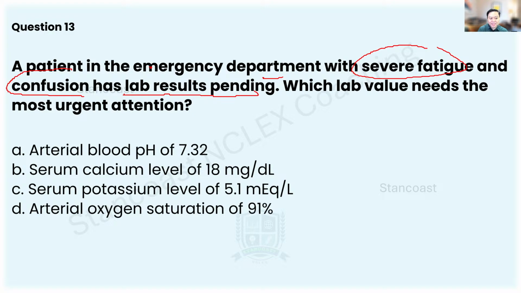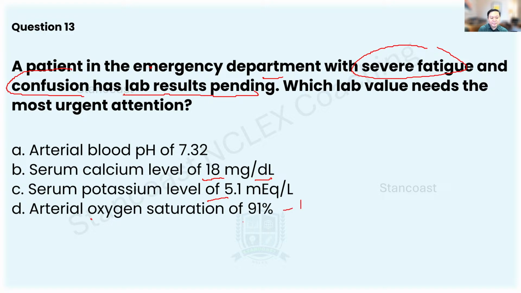Will that be letter A, arterial pH, or a calcium level of 18 milligrams per dL, or a K level of 5.1, or arterial oxygen saturation of 91? Prioritize. Okay, if you had answered letter D, arterial oxygen saturation of 91, I know it is low, but does it require urgent attention?